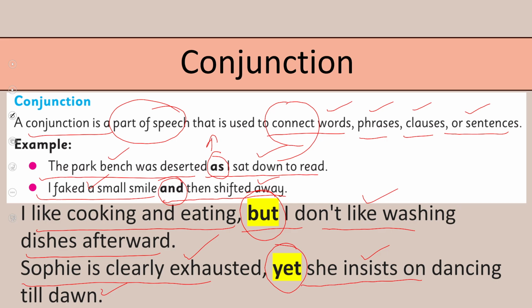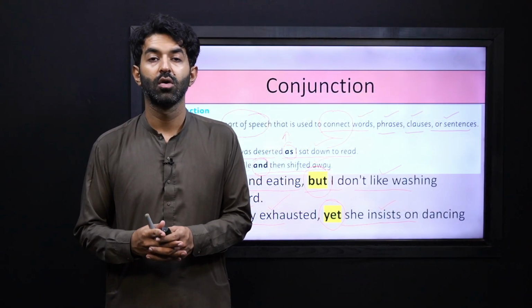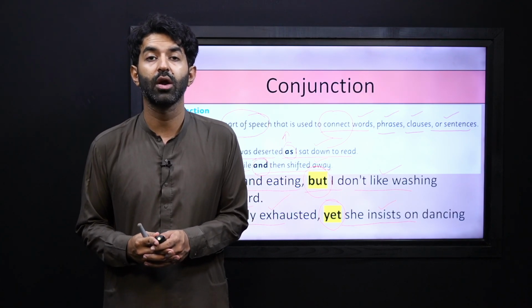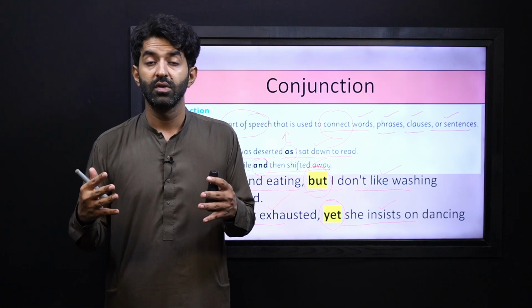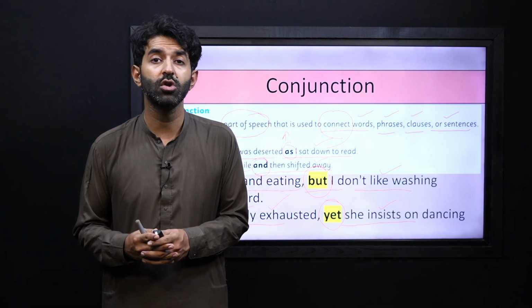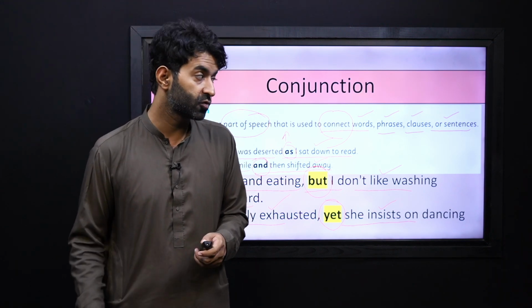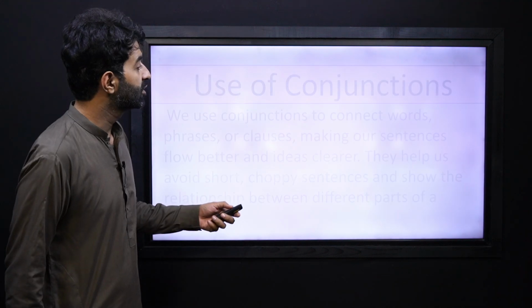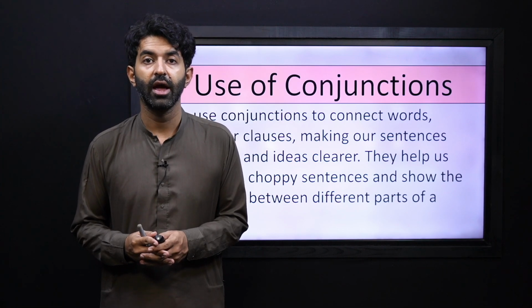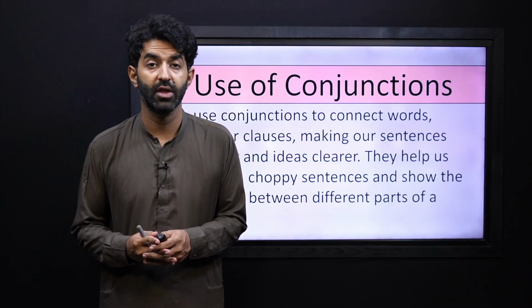So all these words like for, and, or, nor, but, yet, so, these are your conjunctions. And these are just your coordinating conjunctions, but we are also going to learn about subordinating conjunctions as well. So this was just a recall of the definition of conjunction, and we saw different conjunctions with examples.